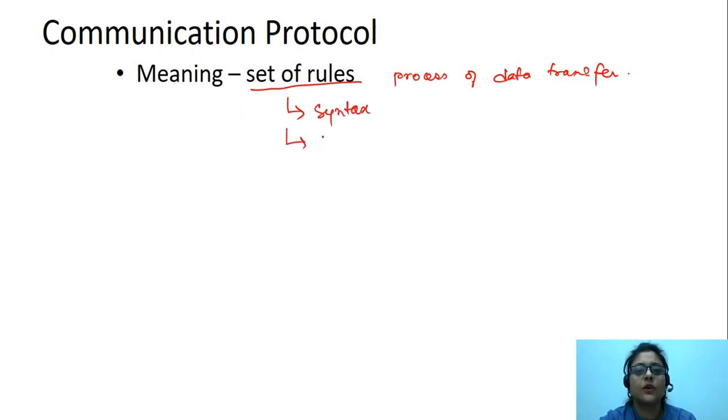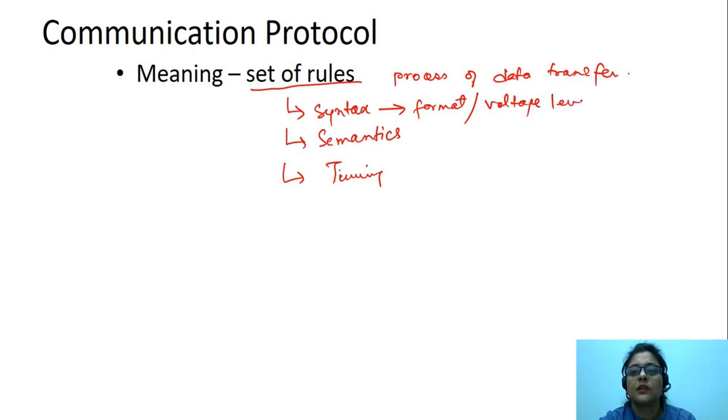The second one is called the semantics. And the third one is called the timing. Syntax basically gives the format of the signal or the voltage levels of the signal that passes through the transmission medium.